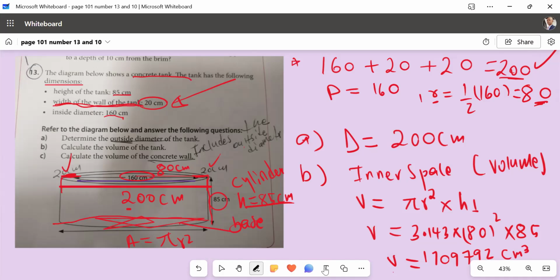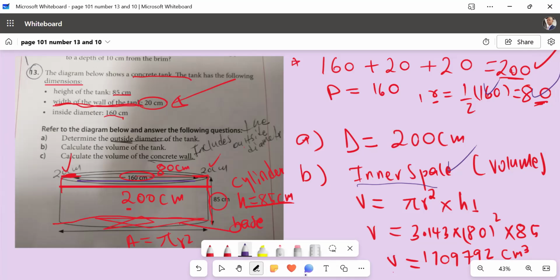So this is how we solve this type of problem. Firstly, you need to recognize that the volume of the tank refers to the inner space. Because we are referring to inner space, that's why we take the inner diameter so that we can get the inner radius.